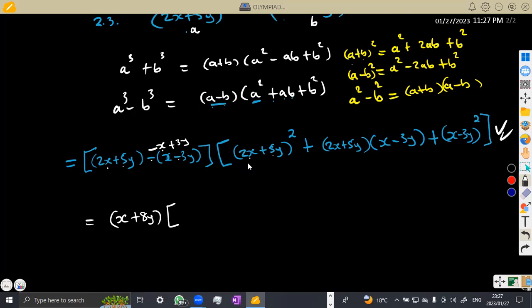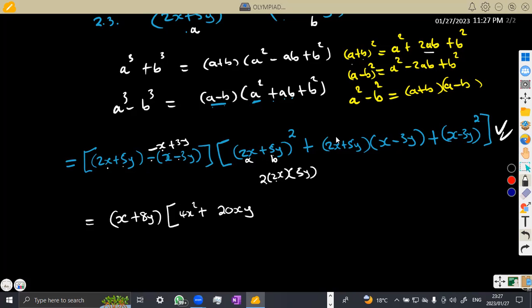This is your a and this is your b. So a squared, that is 2x squared, which is 4x squared, plus 2ab, which is 2 times 2x times 5y. So 2 times 2, that's 4, times 5, which is 20xy. We are done on expanding this.